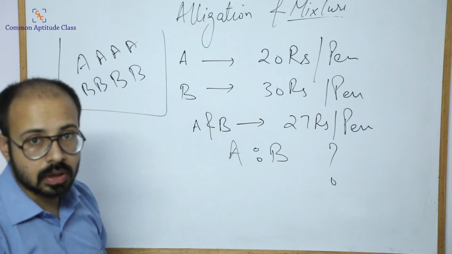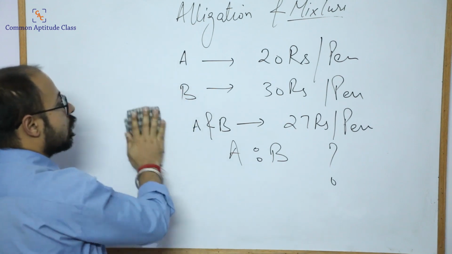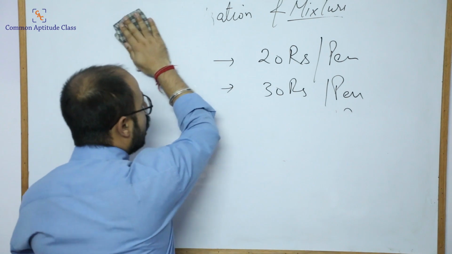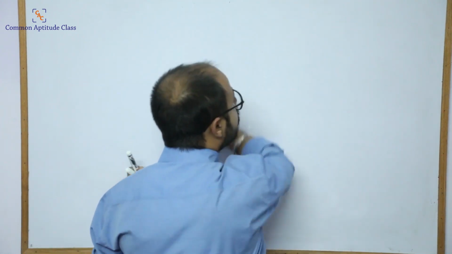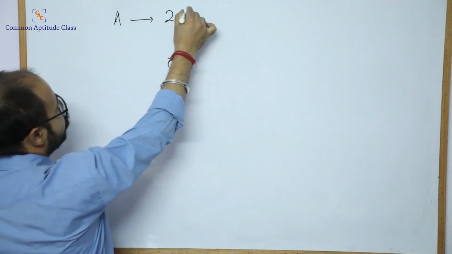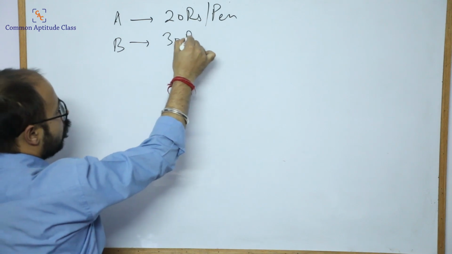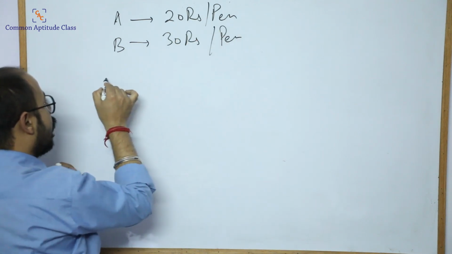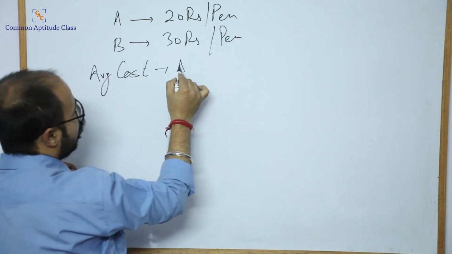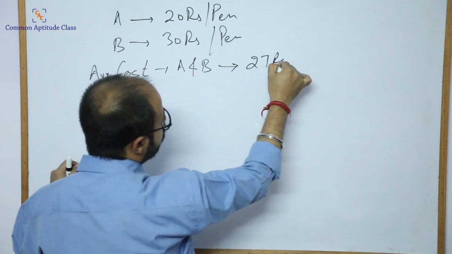Now how to solve this question? There is a way which we use as a shortcut. Before the shortcut, we will go with the basic method. So I will write the question properly. A is 20 rupees per pen, B is 30 rupees per pen, and the average cost of A and B is 27 rupees per pen.